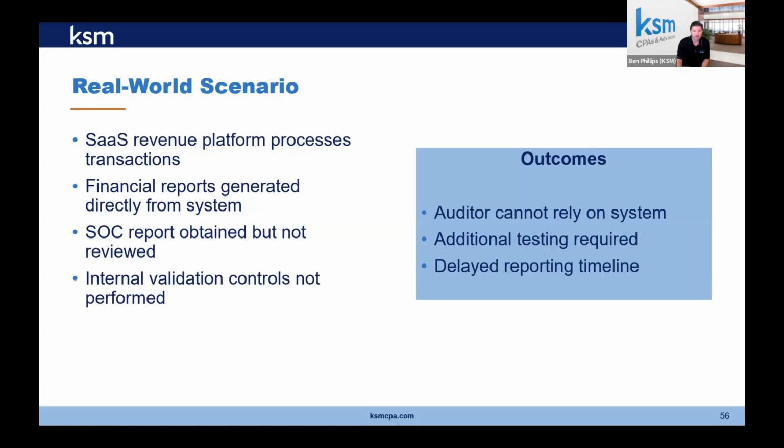During the audit, the auditor determines that they cannot rely on the vendor because the organization didn't demonstrate sufficient oversight. This can lead to additional testing due to changes in control risk, delays in reporting, more effort in the audit, and sometimes identification of further control deficiencies. So the key lesson is obtaining a SOC report is not enough, and there has to be active review, evaluation, and ownership.